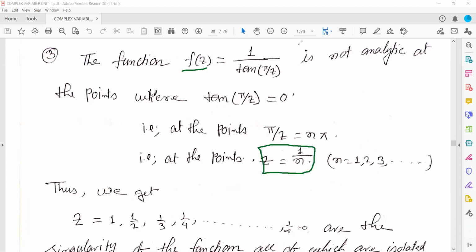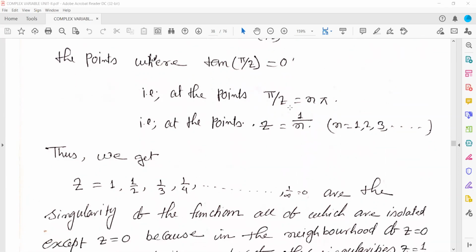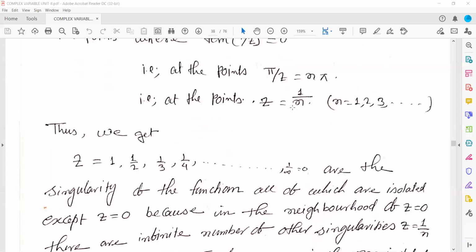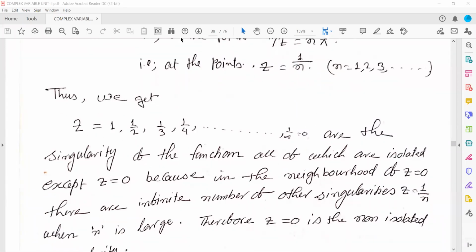Okay, now tell me whether these singularities are isolated or non-isolated. These are all isolated singularities except which singularity? Because if you go on putting the values of n, n goes up to infinity. So if n goes up to infinity, the last term will be 0.